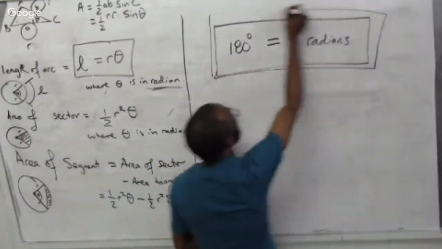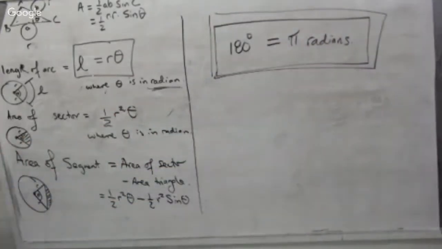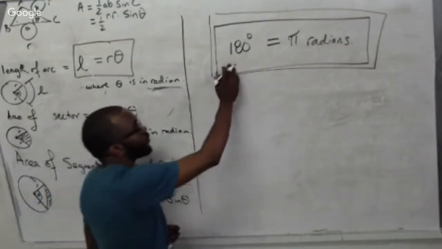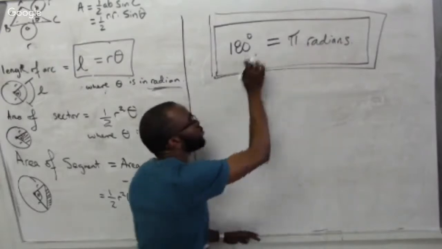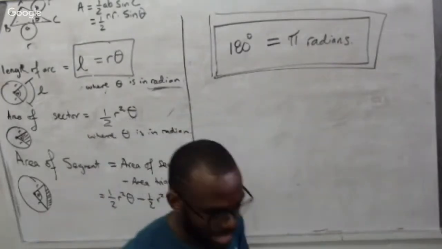Can be important to know. Mr. Cape does in fact give you questions in degrees still, right? But sometimes they give me in radians. And we need to be able to use it. Because we know our formula that have radians and degrees, that's like having a formula with x and y.